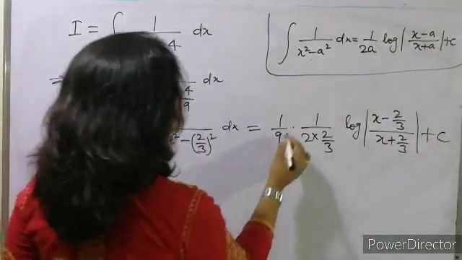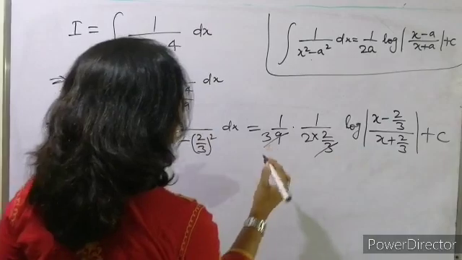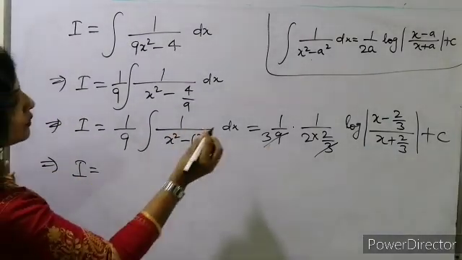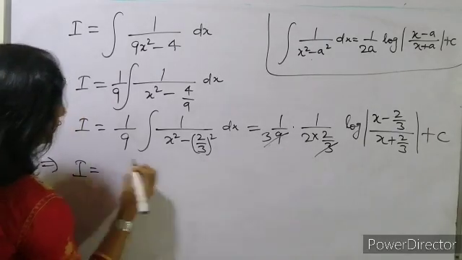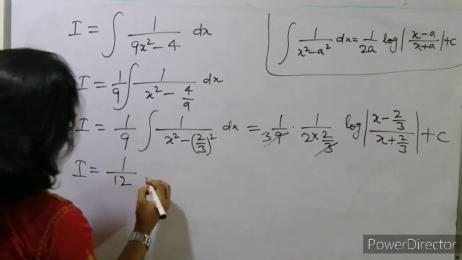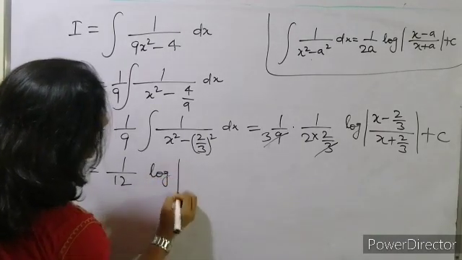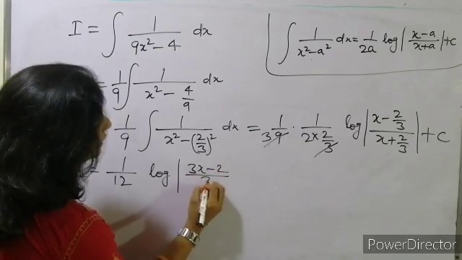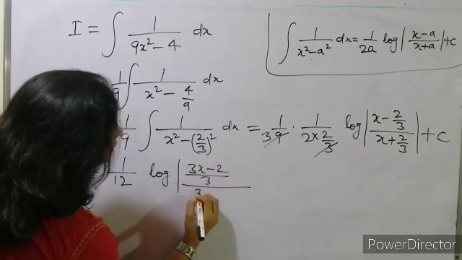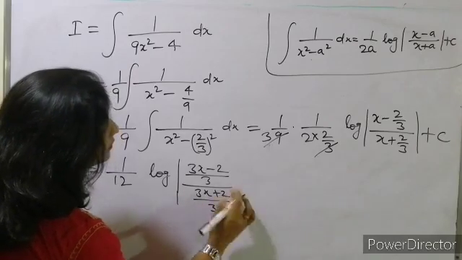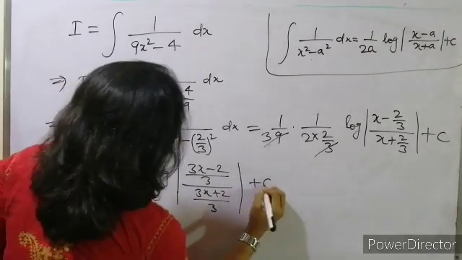Now 3 threes are 9, cancel. So the value of I will be equal to 1/3 into 2 into 2, that is 1/12. So 1/12 into log of (3x minus 2) divided by 3 and (3x plus 2) divided by 3, plus c.